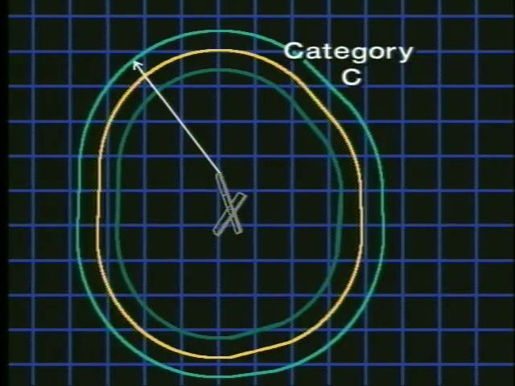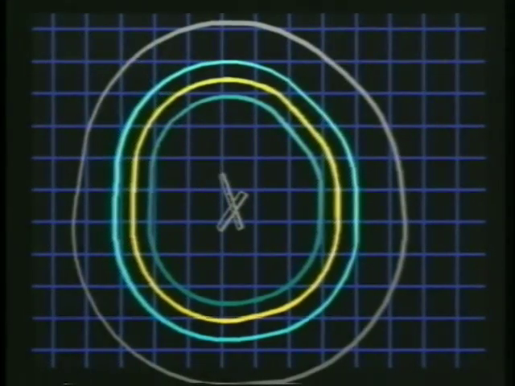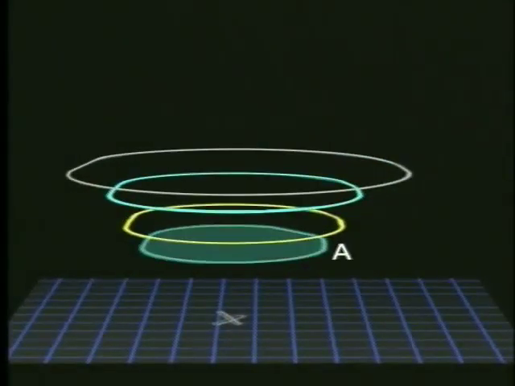The obstacle clearance area for Category C aircraft extends out to 1.7 nautical miles. And Category D arcs extend to 2.3 nautical miles from the end of each usable runway. The base of each area is the circling minimum descent altitude specified on the approach chart.